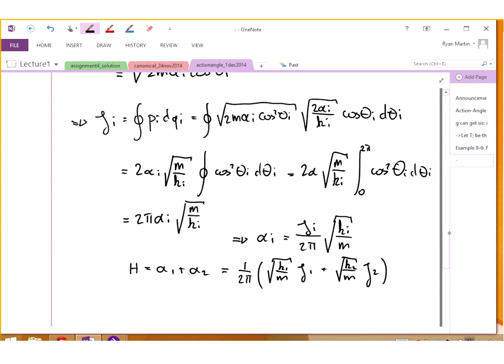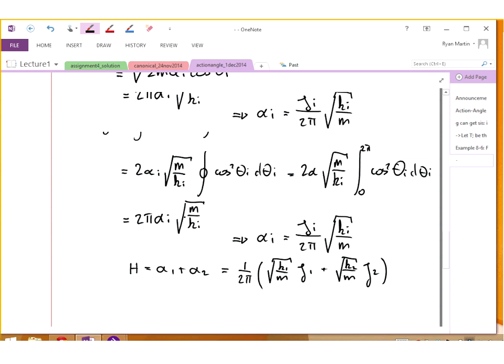Now remember, the frequencies that are associated with the degrees of freedom are given by the partial of H with respect to J_i. All right? So now we have two J's, so we have two frequencies. So we have nu_1 is given by the partial of H with respect to J_1. And so that's a trivial derivative to evaluate, right?